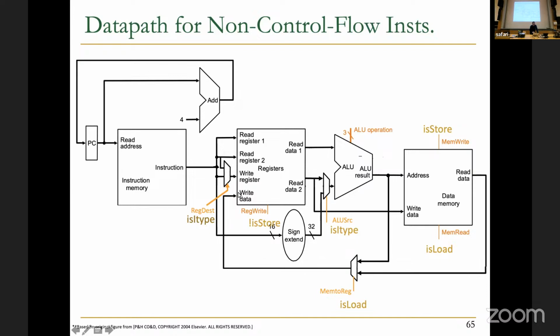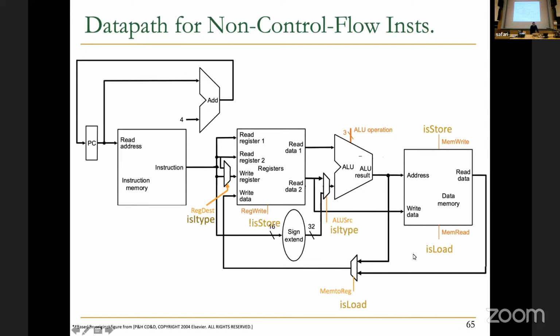It depends on the R-type or I-type instruction, but some destination register. So the write data value coming into the register file port can come from either the ALU results or the output port of the memory, as you can see. So we need a multiplexer to be able to execute both of these types of instructions.